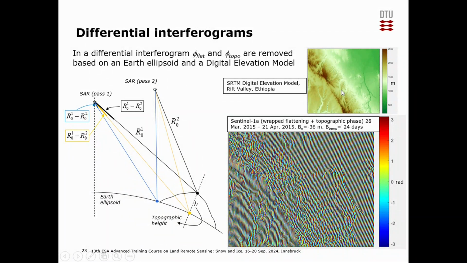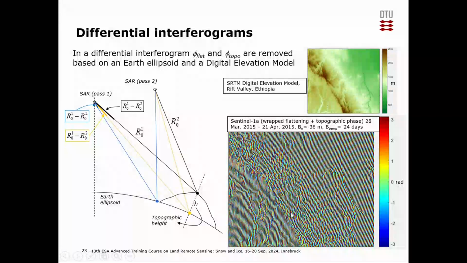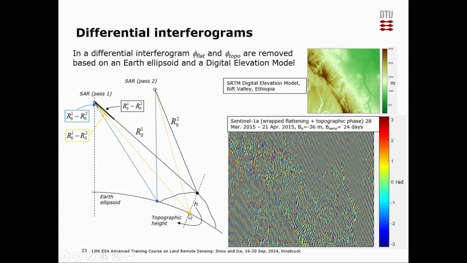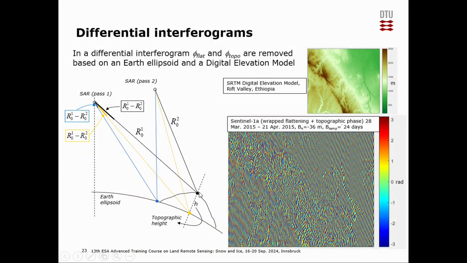Also, topography has a change. So if you look at here, we have a mountain ridge. We are someplace in Africa. And here you have some perturbation of this regular stripy pattern, as if someone punched through a regularly stripy pattern. This is sensitivity to topography. And if you look at the yellow dot compared to the black dot, they are at the same horizontal position, so same latitude and longitude on the ellipsoid, but different height.